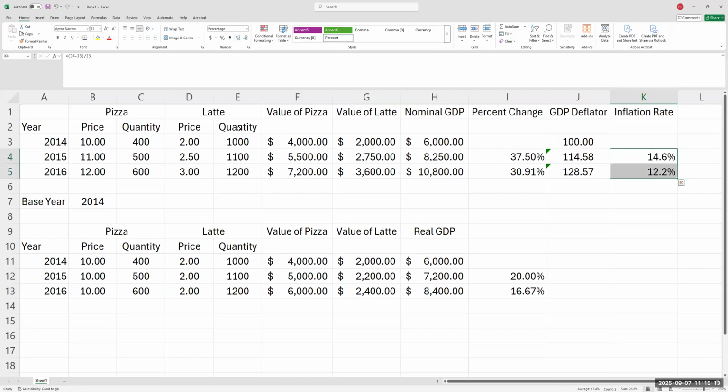With the percentage sign, you could see that price increased by 14.58% from 14 to 15. That's the inflation rate. And the price increased from 2015 to 16 by 12.21%.